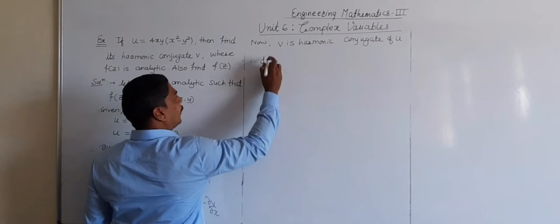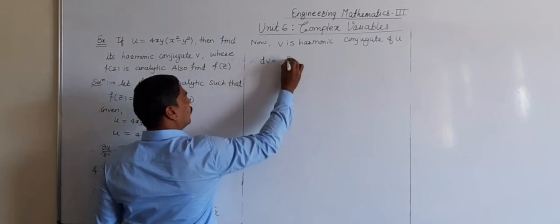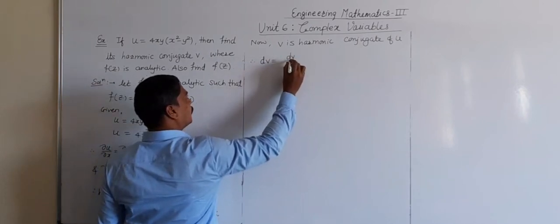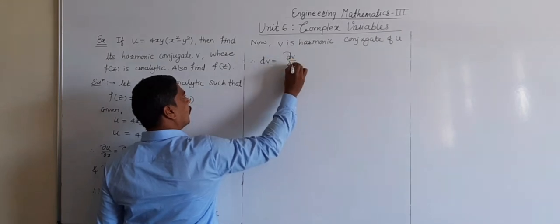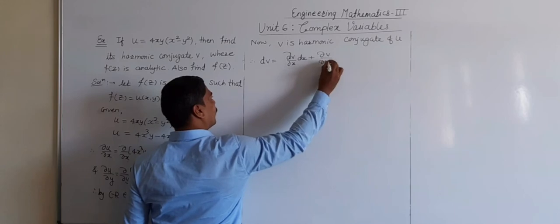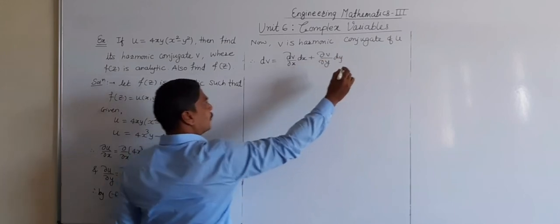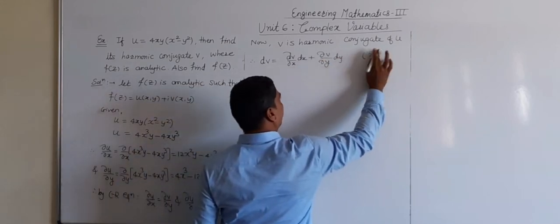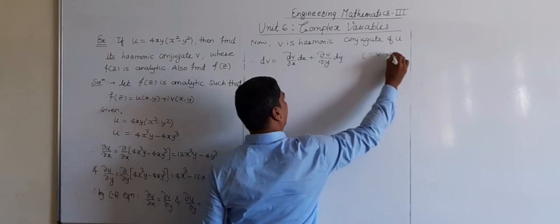So the derivative of phi is equal to the partial derivative of phi with respect to x into dx plus the partial derivative of phi with respect to y into dy, because phi is a function of x and y.